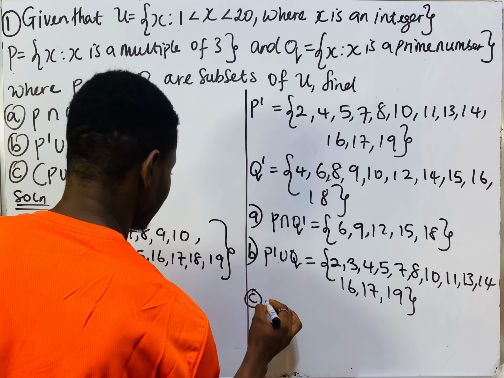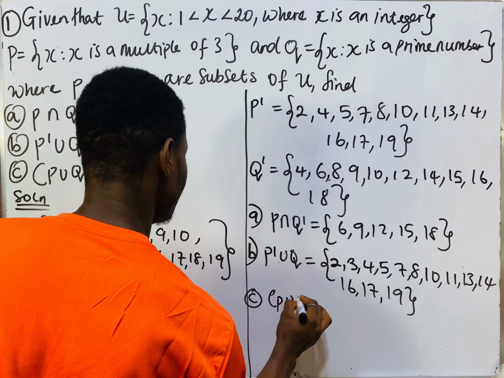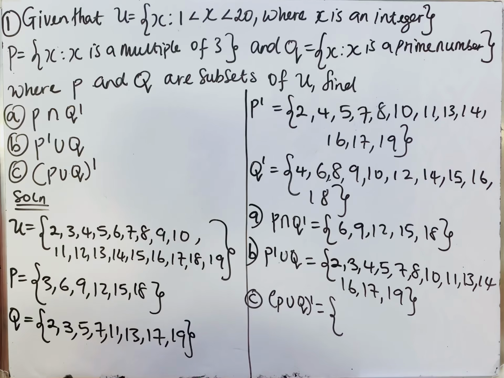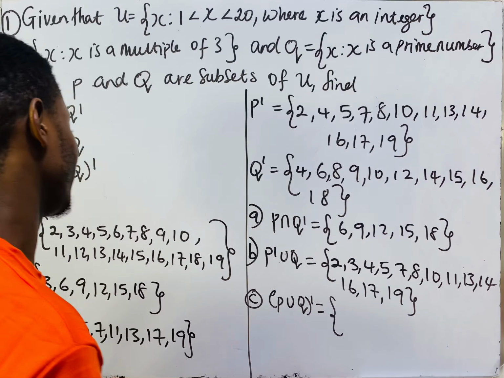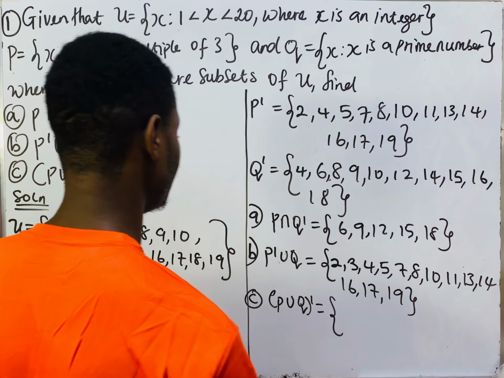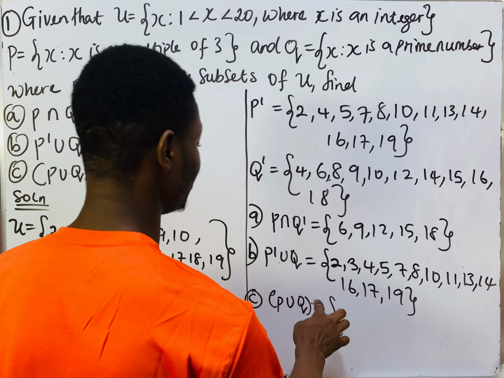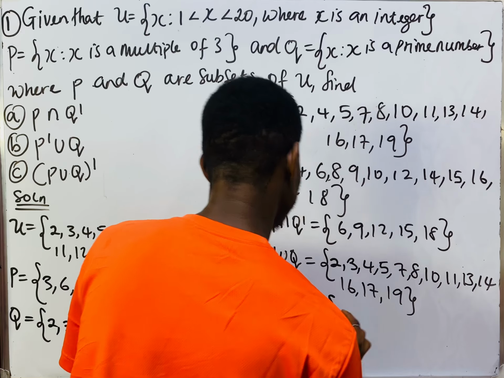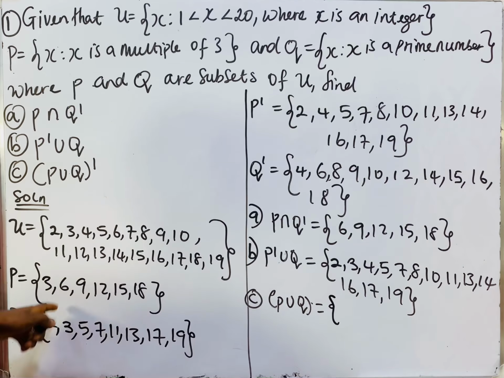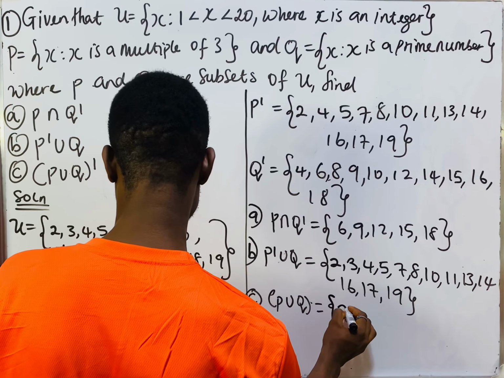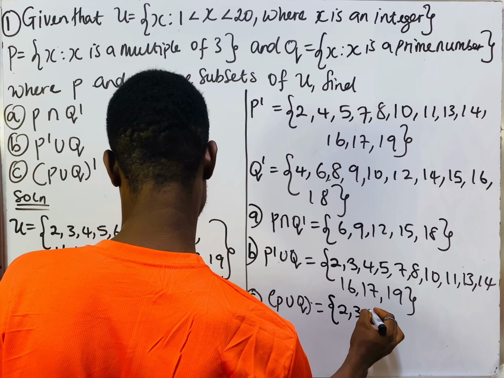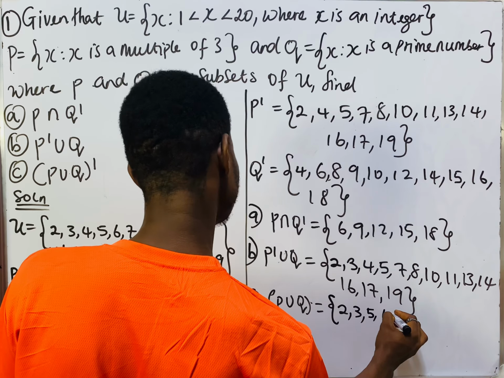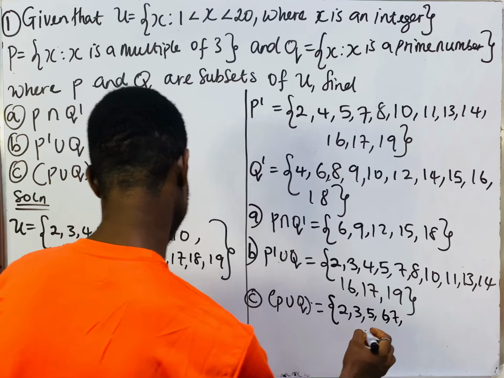Now the C aspect, which is P union Q prime. Let's first of all find P union Q before looking for the prime. Just bring all these things together. So we have 2, 3, 5, 6, any 7? Yes, 7. Any 8? No. Any 9?